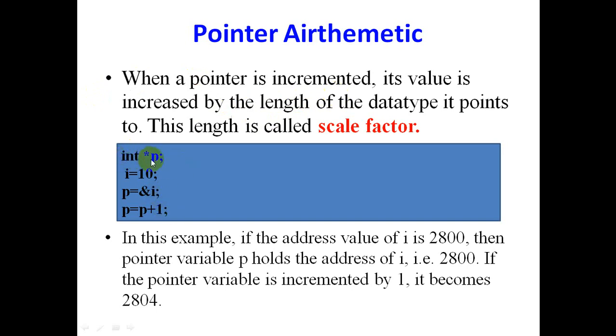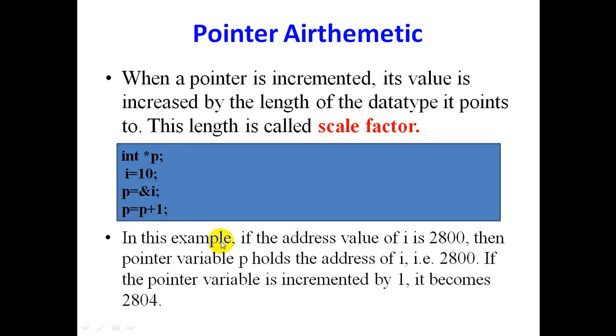Here I have taken a pointer P of data type int, and one variable I equal to 10. So the value of I is 10, and in the next line P equals &I, that is, the address of I is stored in P. Next, P equals P plus 1.